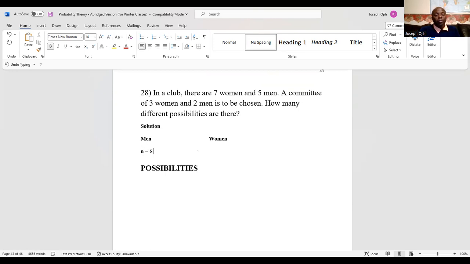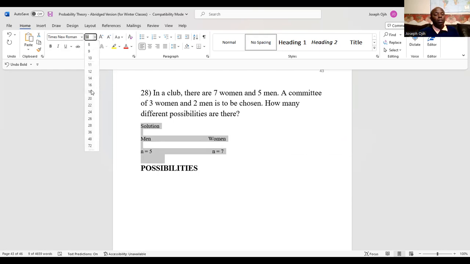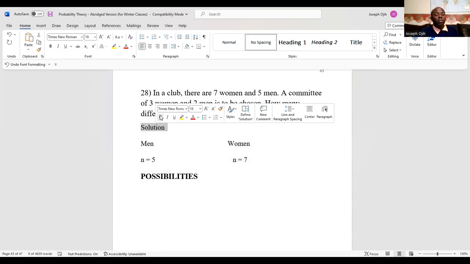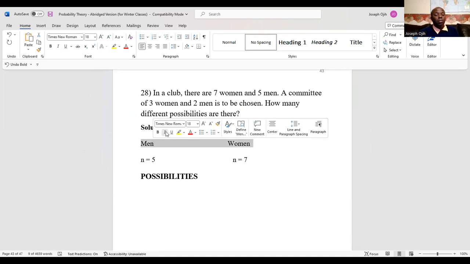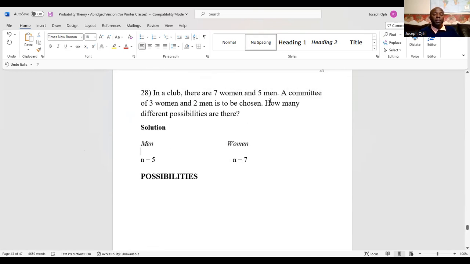For the women, n equals 7 women. Now, a committee of 3 women and 2 men. So for men, x is 2, and for women, x is 3.